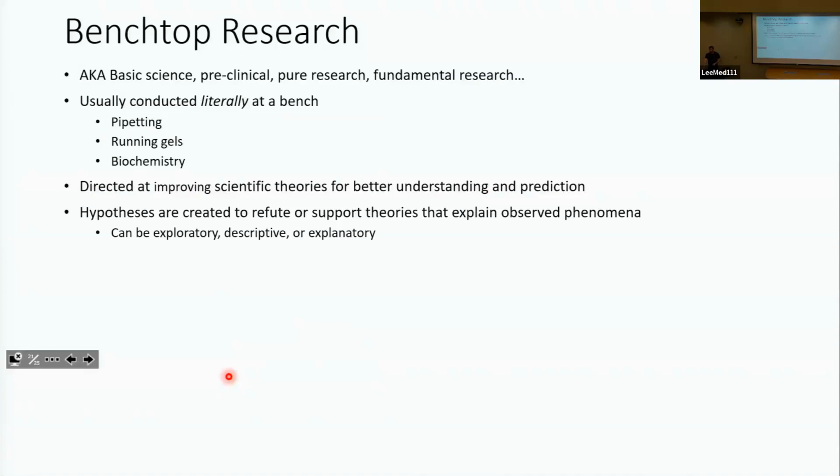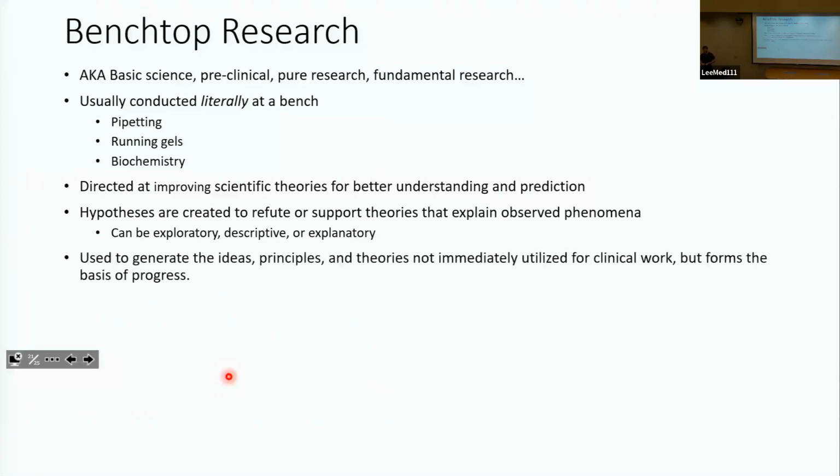You create hypotheses to refute or support theories that can explain observed phenomenon. Remembering back to that scientific method, these can be exploratory, they can be descriptive, they can be explanatory. But the goal is to generate these hypotheses and then test them using these very basic science types of methods.